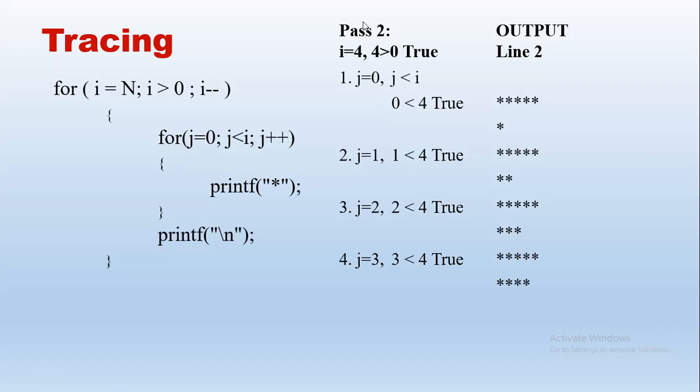So fourth time we have a star. Next, j is 4. 4 less than 4. Condition is false. So when the condition is false, we see that in the second row there are 4 values. So we printed line 1 and line 2. Now we have a slash n.